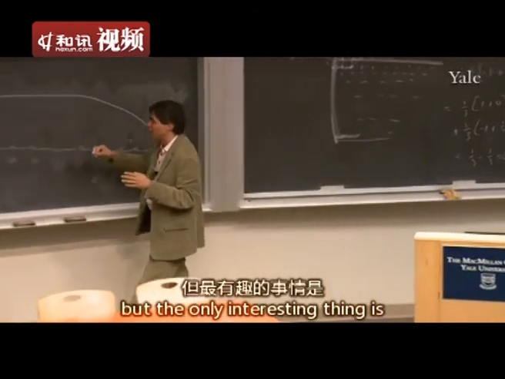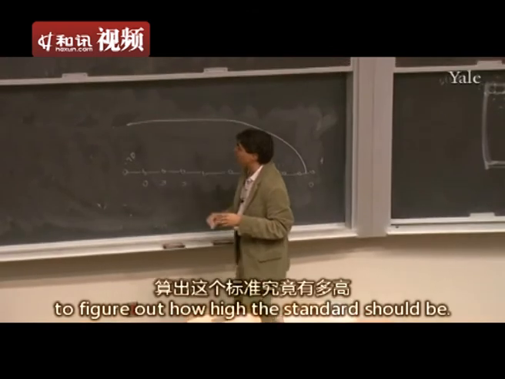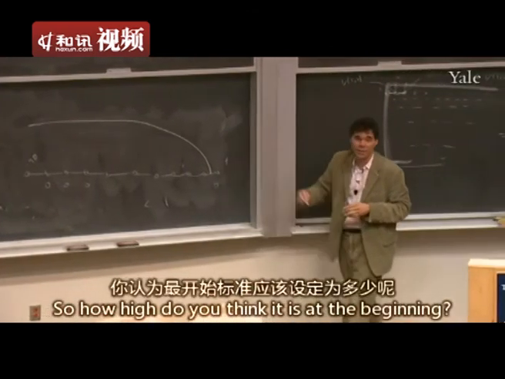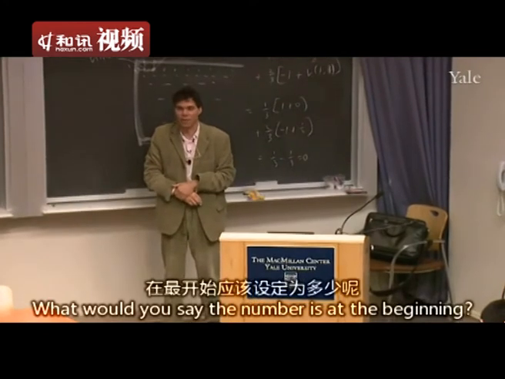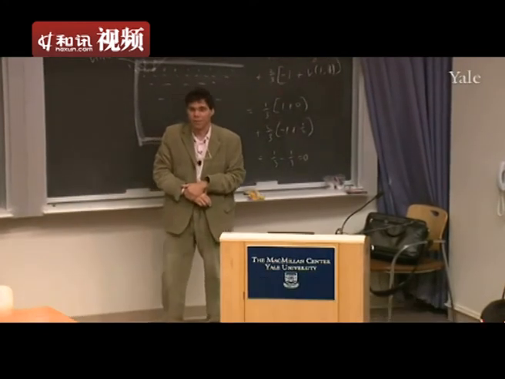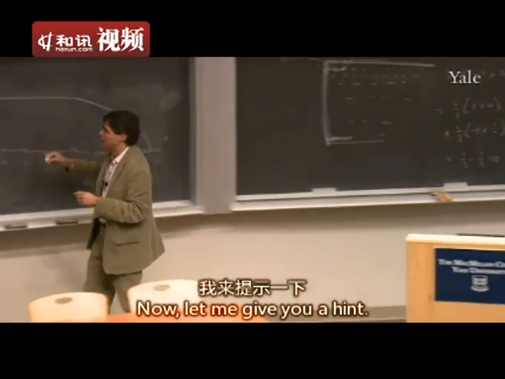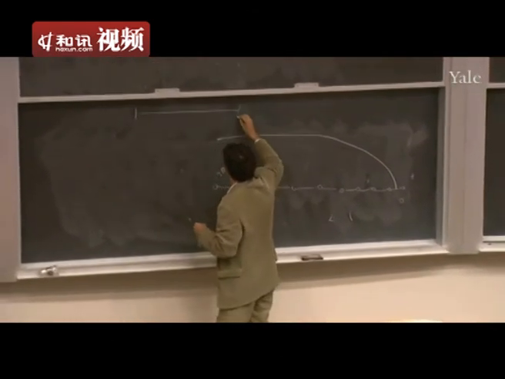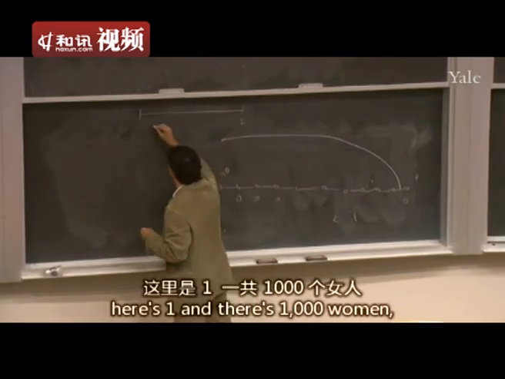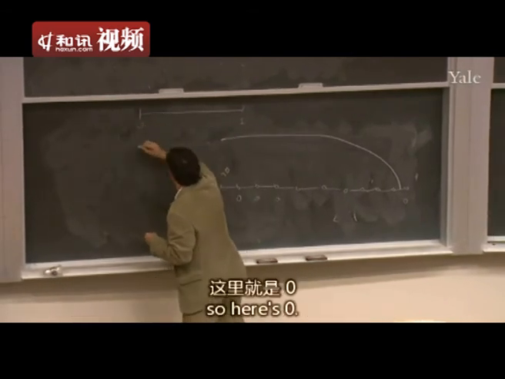But the only interesting thing is to figure out how high the standard should be. So how high do you think it is at the beginning? What would you say the number is at the beginning? Okay, now let me give you a hint. If you divide up, here's 1, and there's 1,000 women, so here's 0.